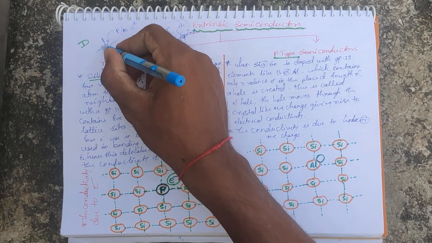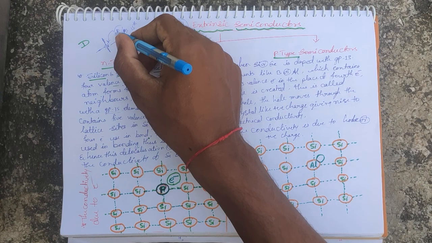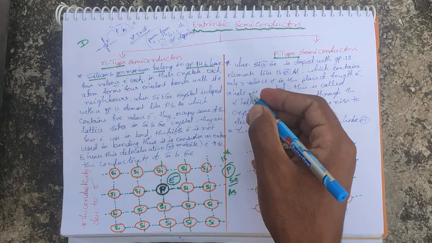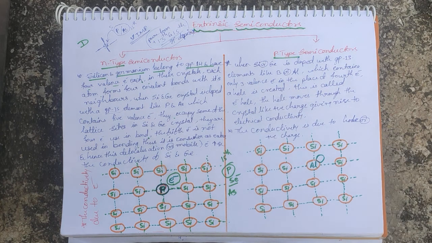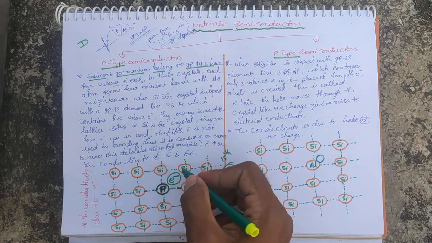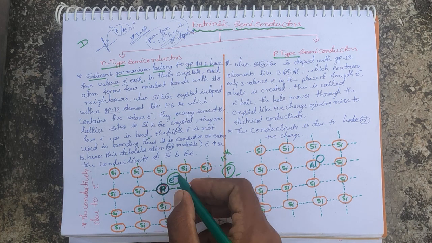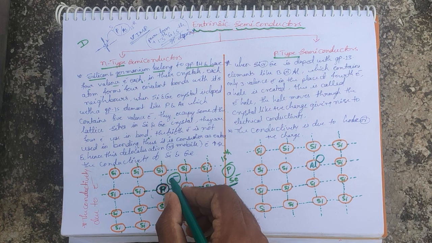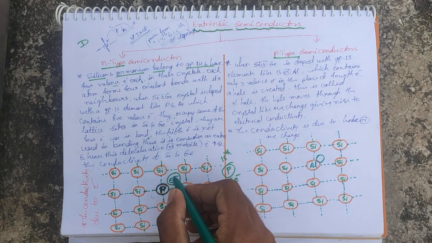This is silicon. If we dope this silicon with phosphorus or arsenic, a 15th group element, we are adding it externally. Silicon has 4 outermost electrons, but phosphorus has 5 outermost electrons, because it is a 15th group element. The silicon forms 4 neighboring covalent bonds. But when we add one external phosphorus atom, it has 5 electrons, so one extra electron is left. This extra electron occupies the interstitial position.